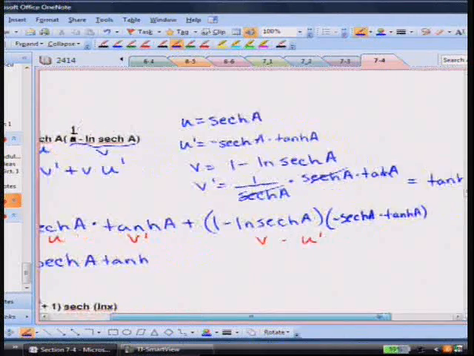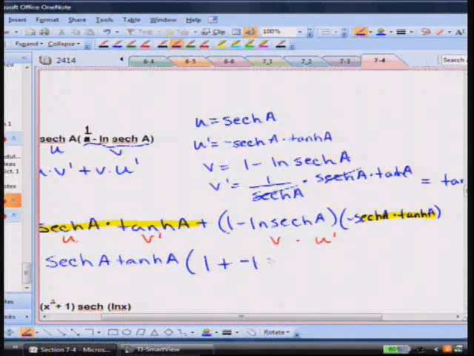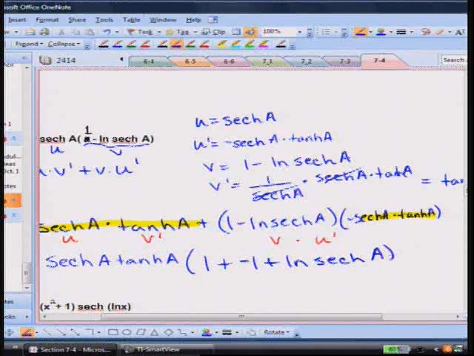All right. Well, I guess what I want to do is notice that I can factor that out. It's common to both of them. To this term, hyperbolic secant A, and then it's here too. So I'm going to factor it out, and what I have is 1 plus this thing, which is 1 minus, well, because of this negative, it's actually going to be negative 1 plus the ln of the hyperbolic secant of A. All right, and then the 1 plus the negative 1, these are going to cancel out.